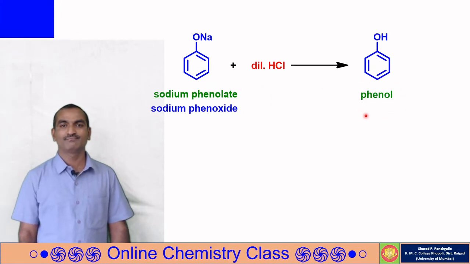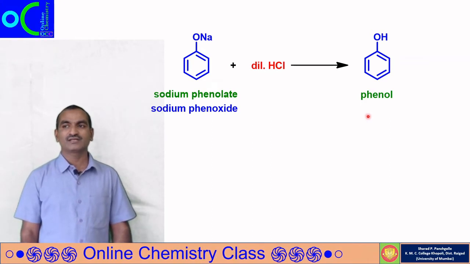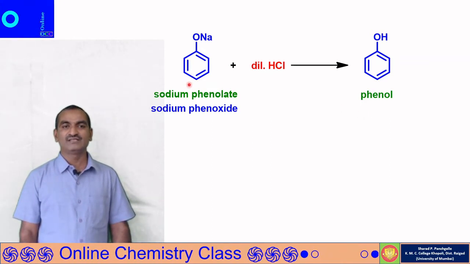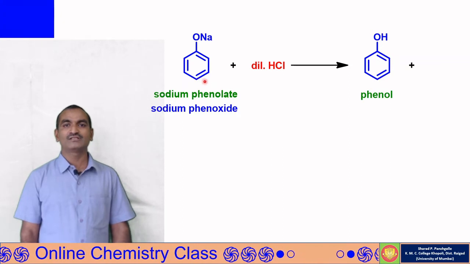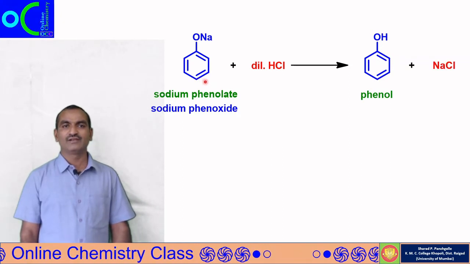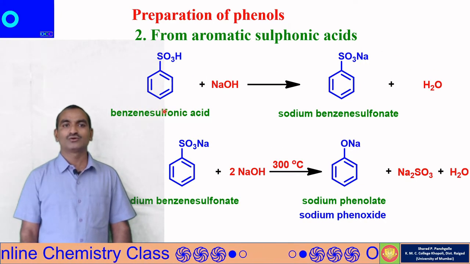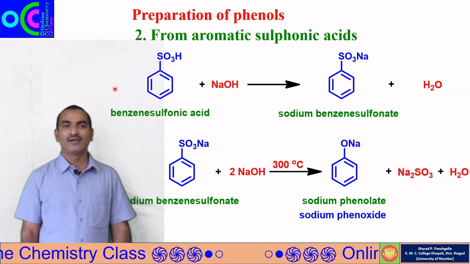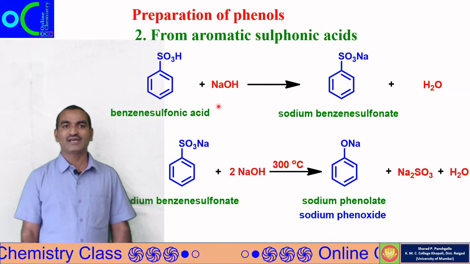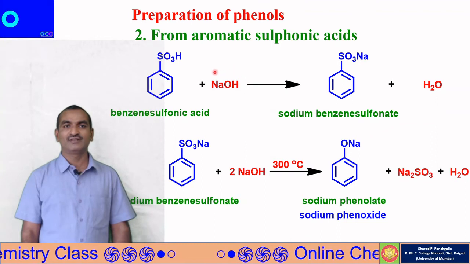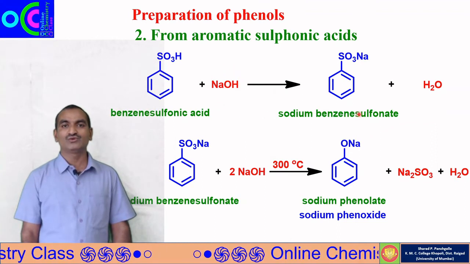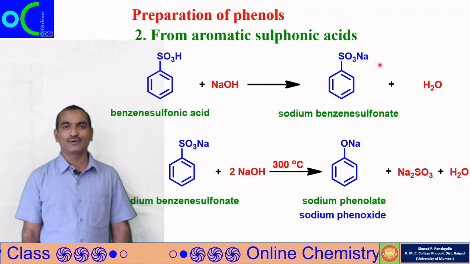So for the preparation of phenol, the starting material was benzene sulfonic acid, that involves 3 steps. So once again we will revise that one. Initially we have taken the aromatic sulfonic acid. Aromatic sulfonic acid when treated with sodium hydroxide gives sodium salt of aromatic sulfonic acid.